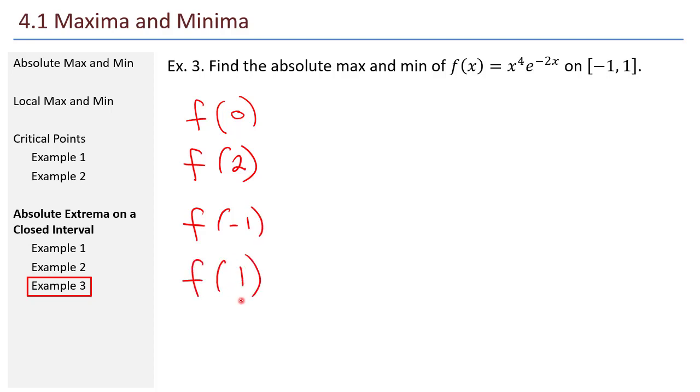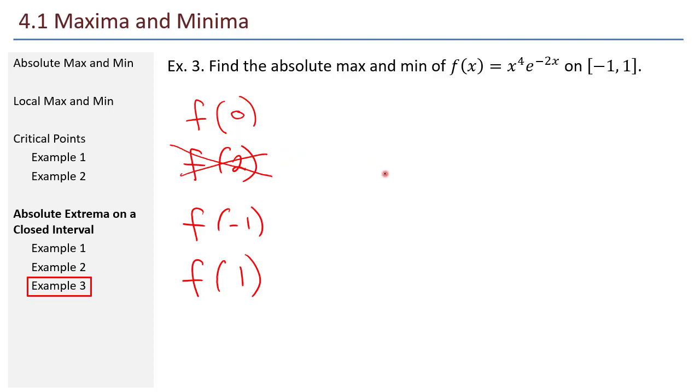Oh, but actually, you know what? This f of 2, I don't even need to consider that at all. All I really care about are the critical points that lie within the closed interval. So, nope, take it out of consideration. We don't need it.